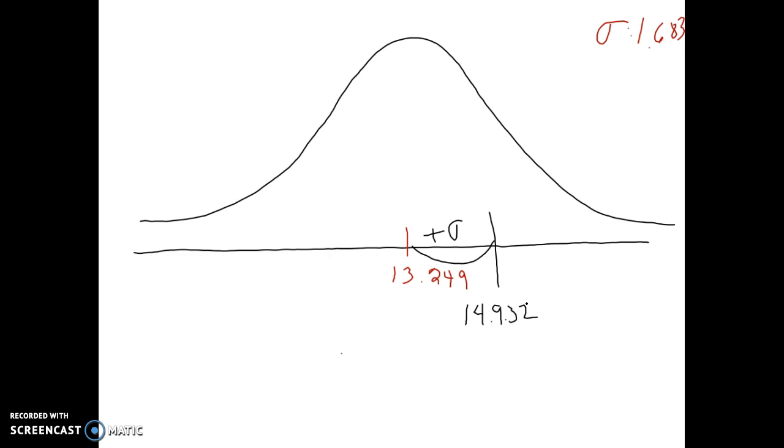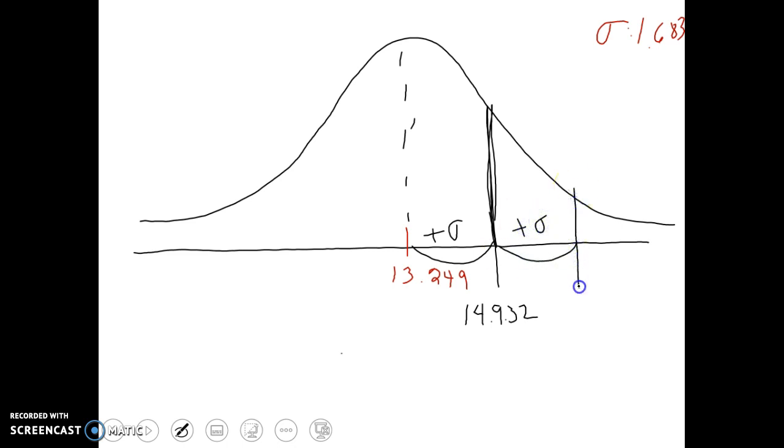Now we also need to go 1 standard deviation below the mean, but sometimes I think it's easier just to do all the addition first. So here we are in the center, and here's the upper boundary for 1 standard deviation above the mean. Then if I add 1 more standard deviation, 1.683 again, I get 16.615.